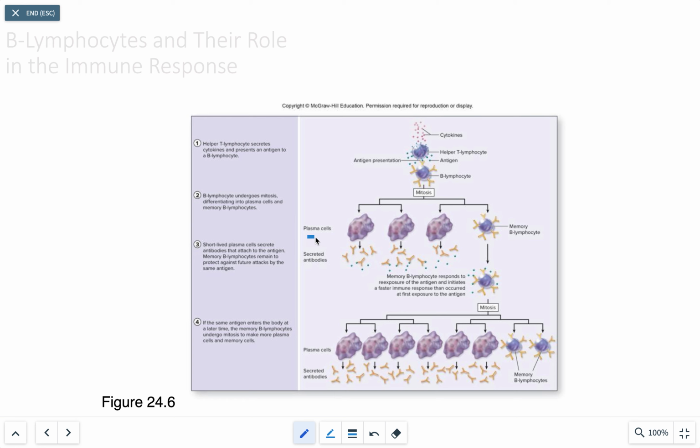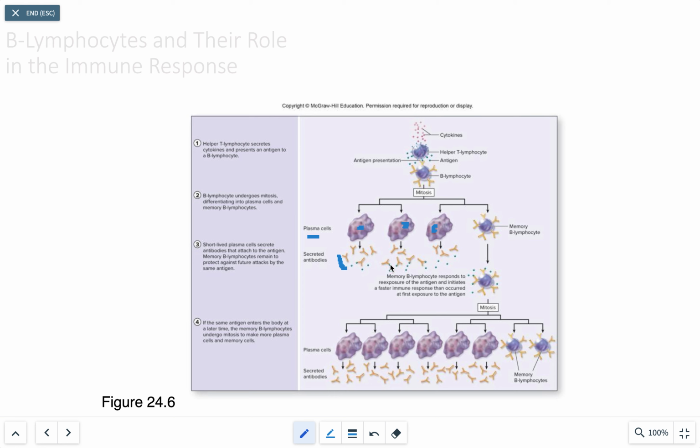The first thing that we see once the antigen is presented to the B lymphocyte, if that antigen is compatible with the B lymphocyte, they'll connect. We'll see that the mitosis will produce plasma cells, and the plasma cells' most important aspect is that they produce antibodies.